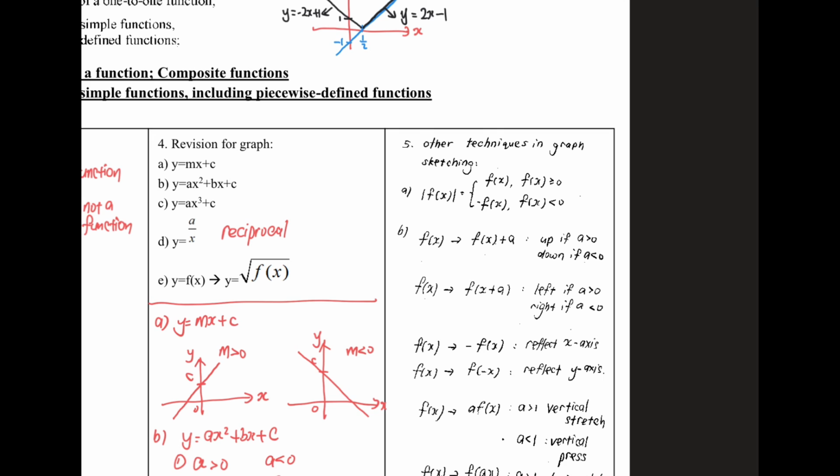If a is less than 0, that means if a is a negative value, then the graph will move to the right by a units. So for example, if you have f(x minus 3), it means the graph moves to the right by 3 units. So these are the transformations.